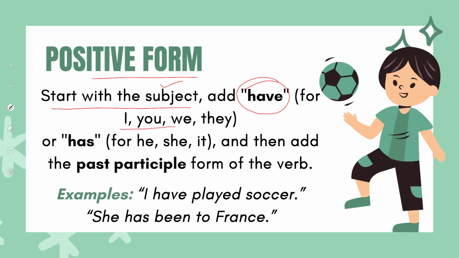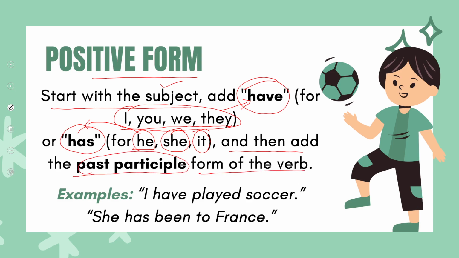for I, you, we, or they. If you have these kinds of pronouns, you will be using have, or if you have these pronouns, he, she, and it, you will be using the word has. And then add the past participle form of the verb.